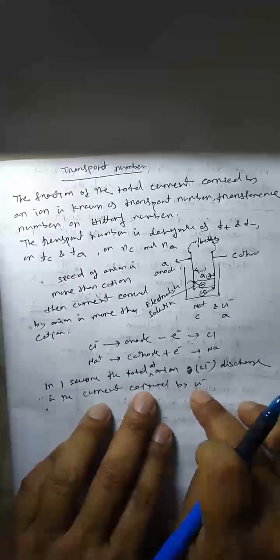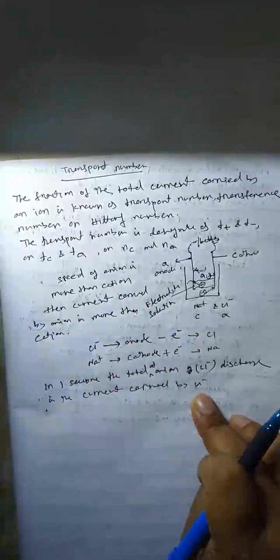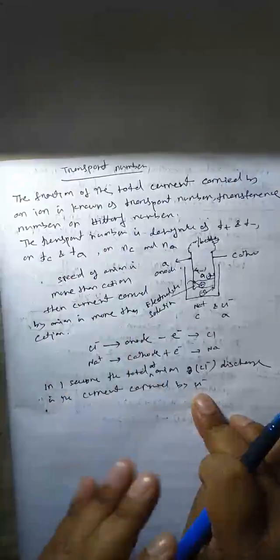So this is whatever be the current carried by Cl minus during 1 second or the total electrolysis time, maybe 5 minutes or 6 minutes.